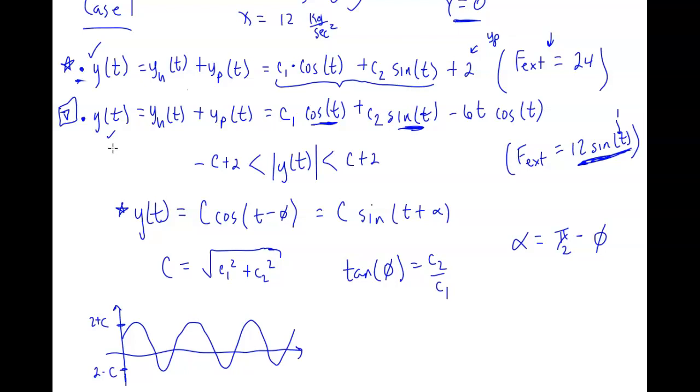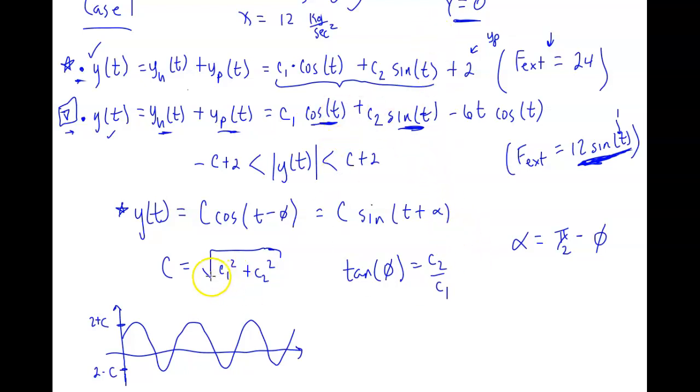Okay, so what that's telling us is that the homogeneous solution and the particular solution for this second response, both the external force and the homogeneous or natural response for our spring mass system, are both oscillating at the same frequency. Okay, and so that's going to end up having a compound effect on the spring mass system.